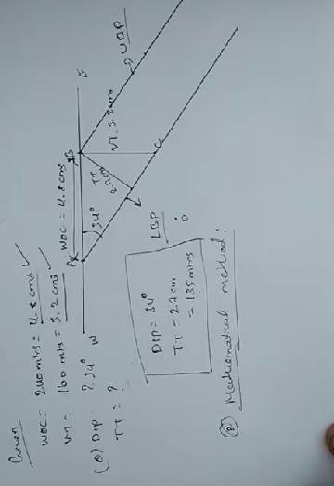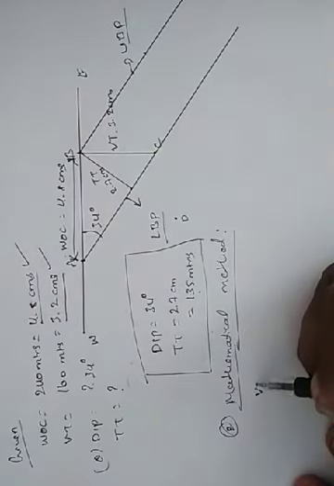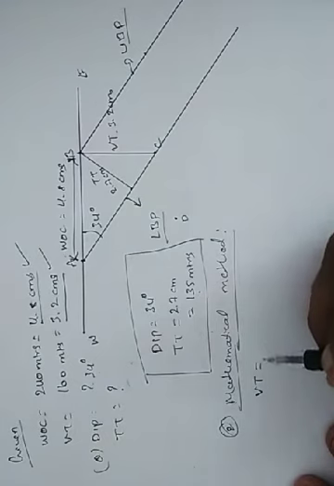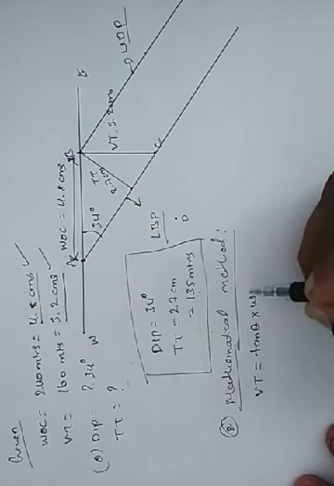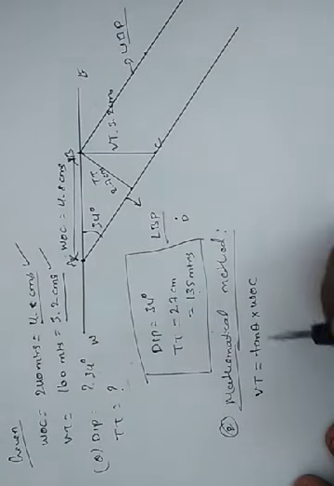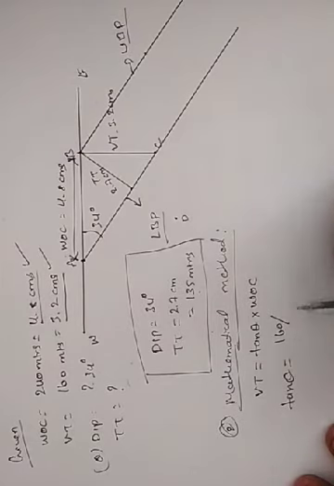By using the VT and WOC values, we will determine the theta value, that is the dip value. The formula is VT equals tan theta into WOC. So now we need the theta value. VT is already given, that is 160, and WOC is given as 240.